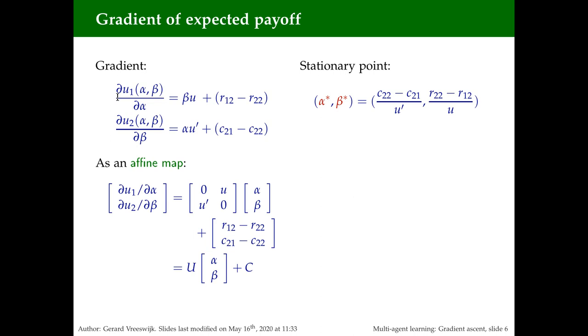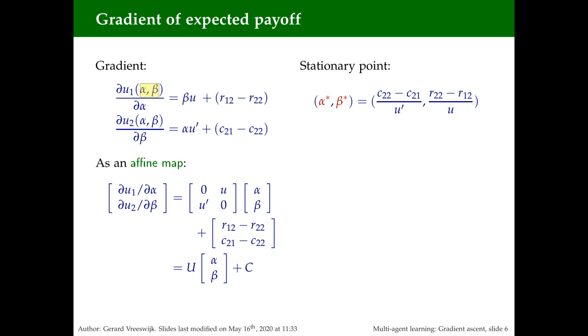You should think of the parameter space alpha beta as represented in a unit square, where alpha varies along the x-axis and beta varies along the y-axis.